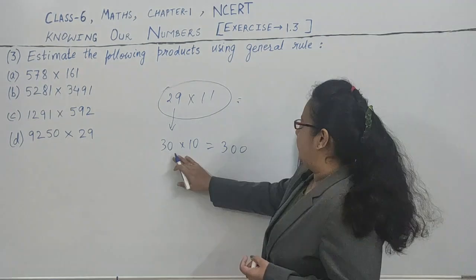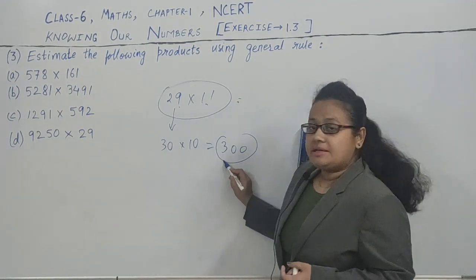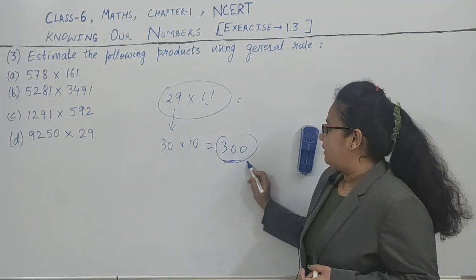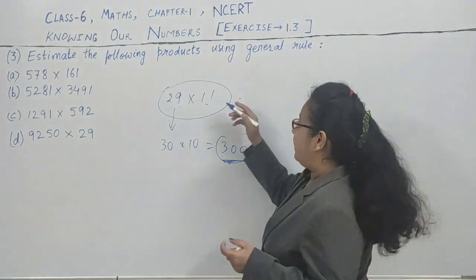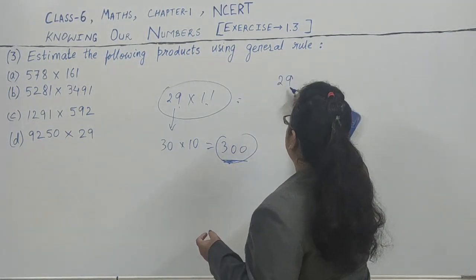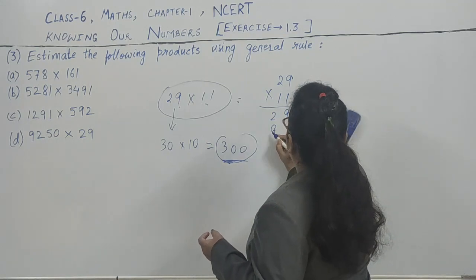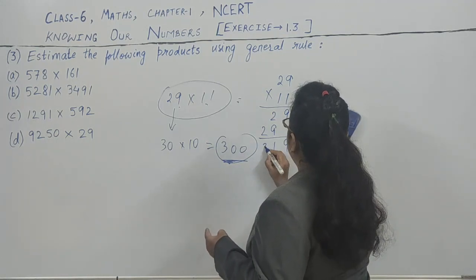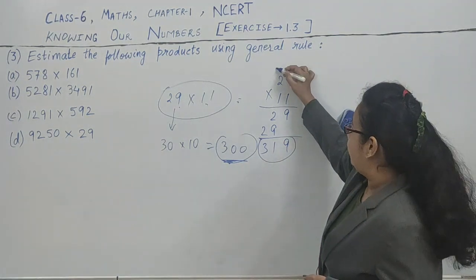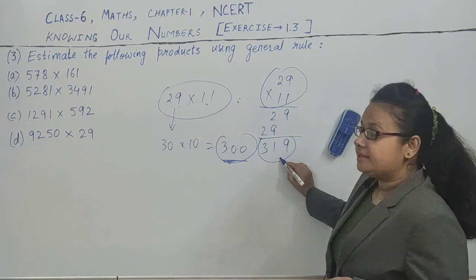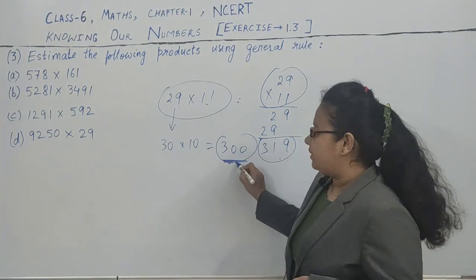So we got an idea that if we multiply these two numbers, the answer will be around 300, very near to 300. Let us check that by doing the actual multiplication, 29 into 11. The actual result is 319, but by estimating we got 300.